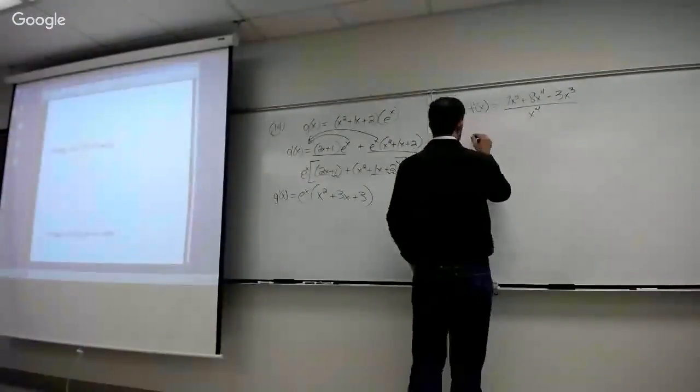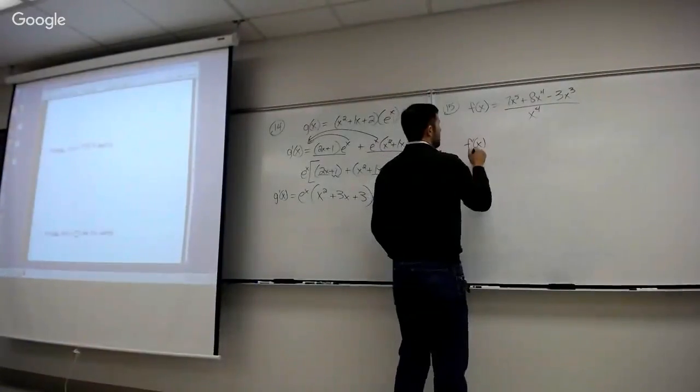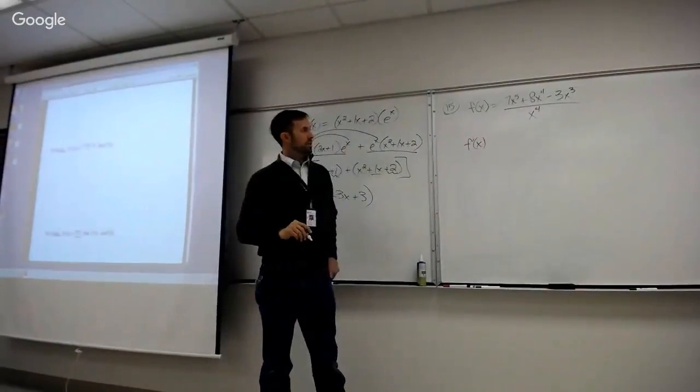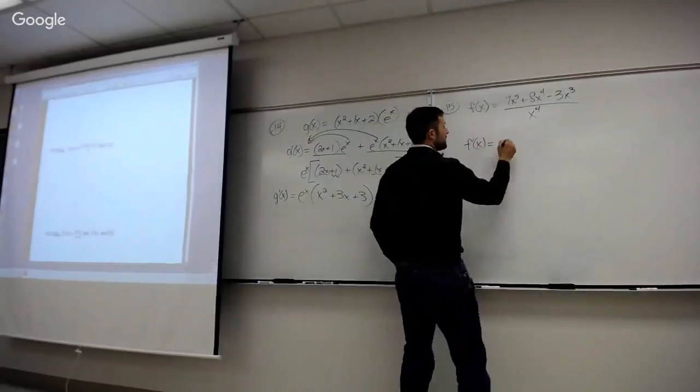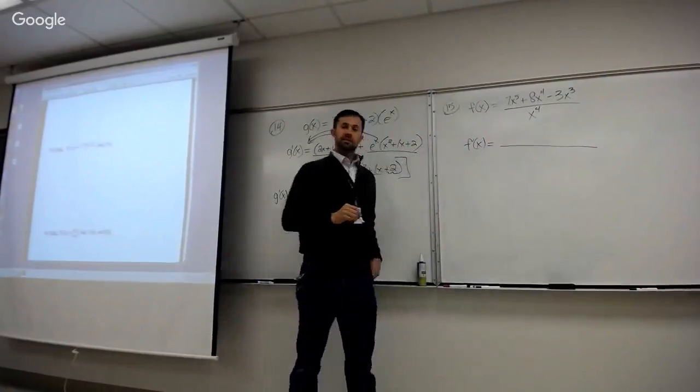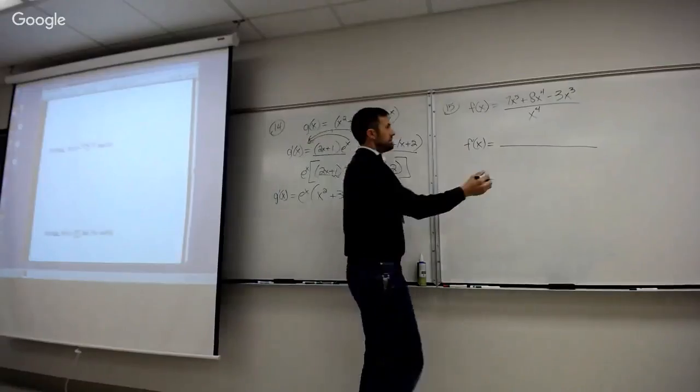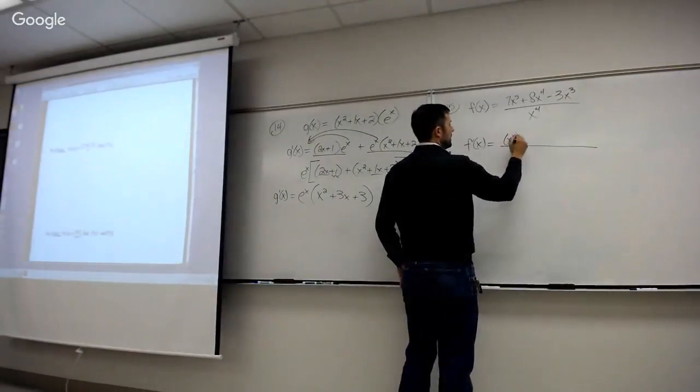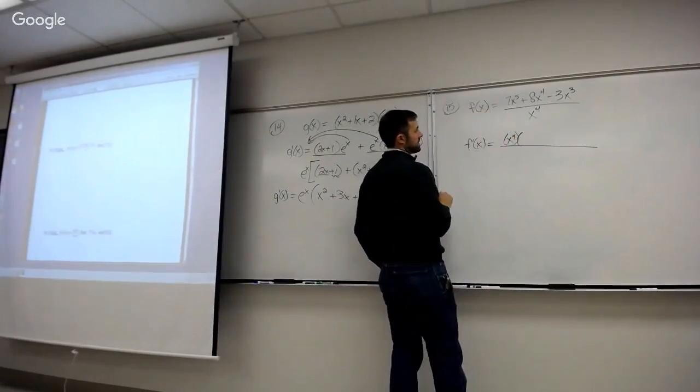So we're going to implement ho d hi minus hi d ho all over ho ho. So let's start with ho d hi. So ho, and then the derivative of the top.